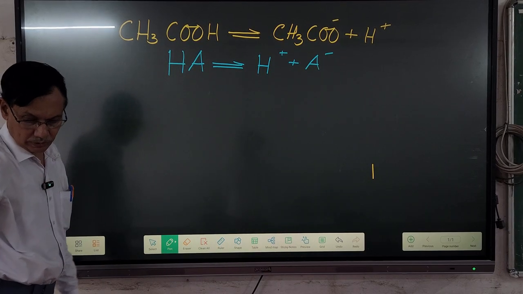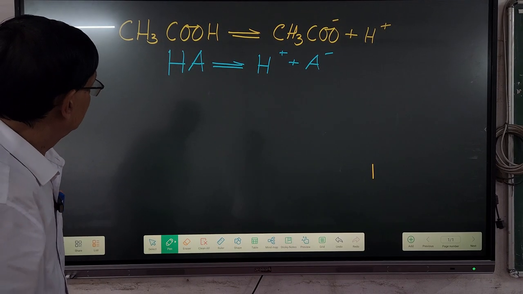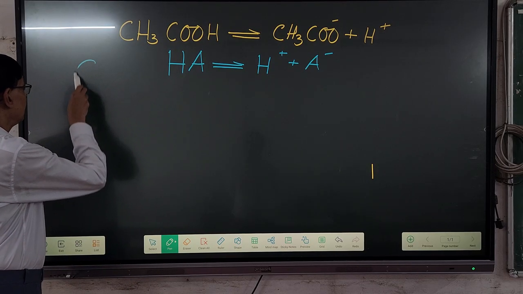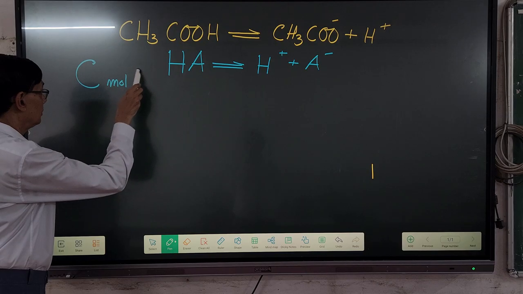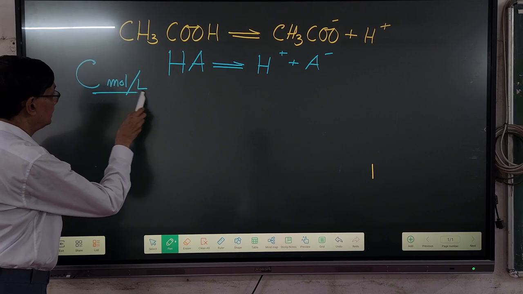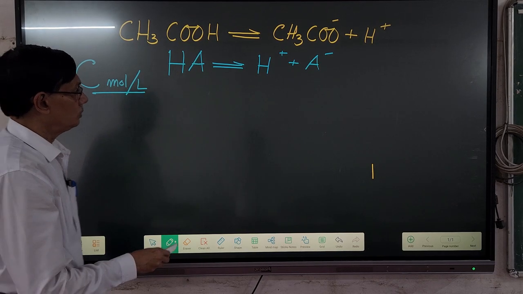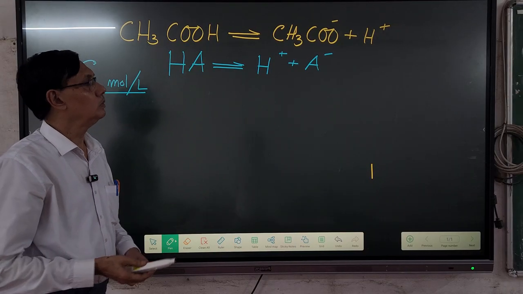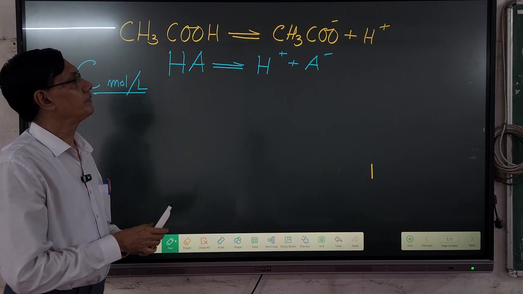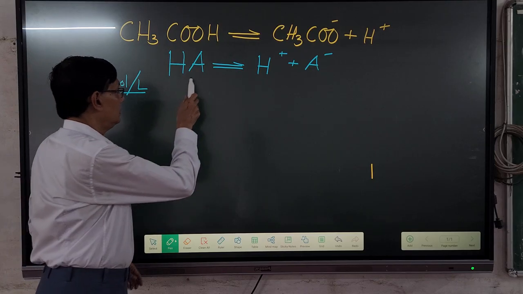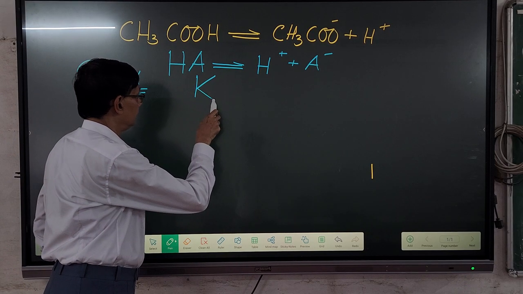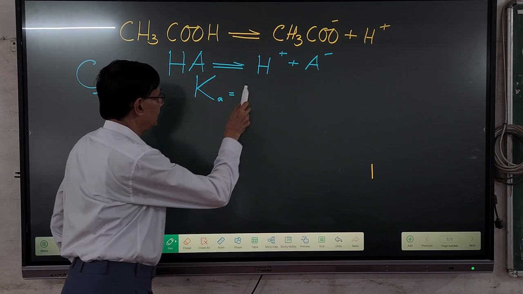And we assume the concentration is capital C, or you can use moles per liter. And what I have told you, that it is a relationship, and the equilibrium constant can be written like that.